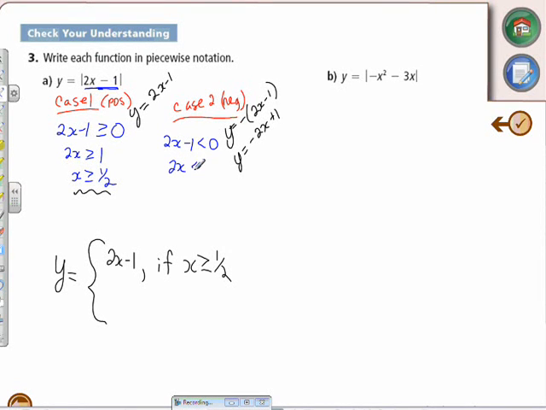So then solve for x here. 2x is less than 1, x is less than 1/2. This equation will be used when this happens. So in other words, negative 2x plus 1 will be the equation if x is less than 1/2.